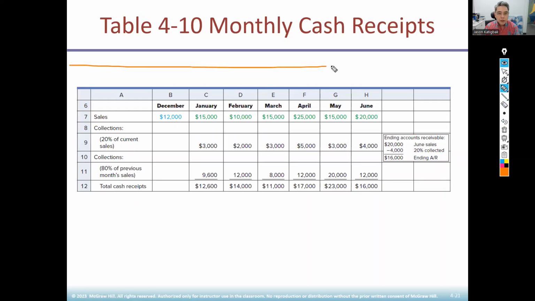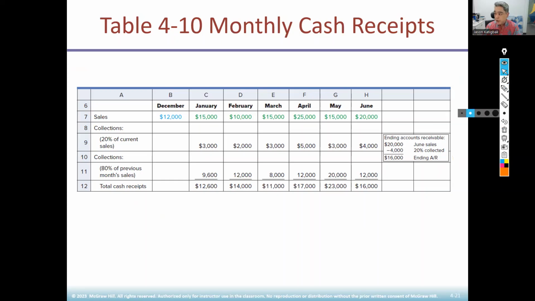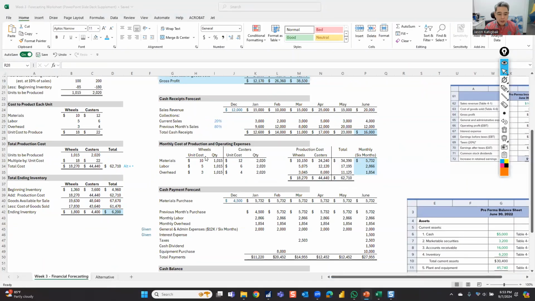Now, we're going to go through this cash receipt cycle. It will be best if we go back to our Excel file so I can show you the formula. So when you go to your exercises, you can see it as well. Let me switch. I'm going to move it out and then have it here.